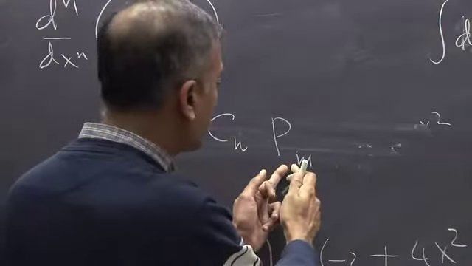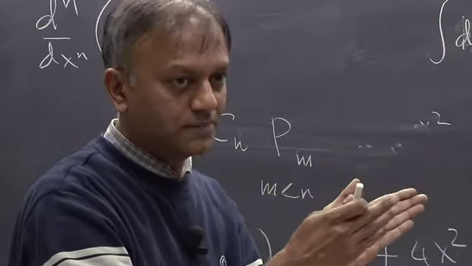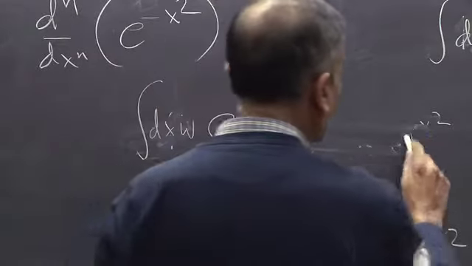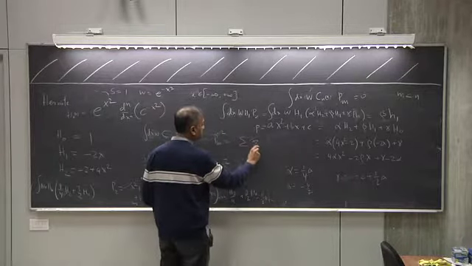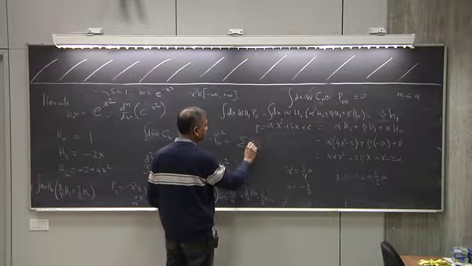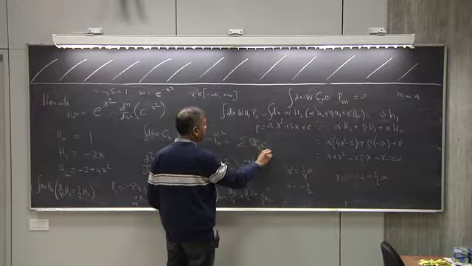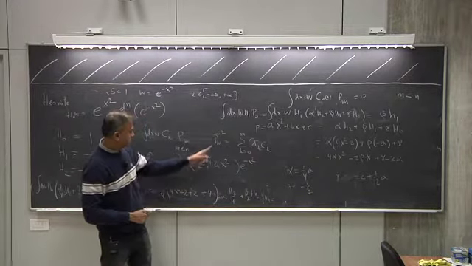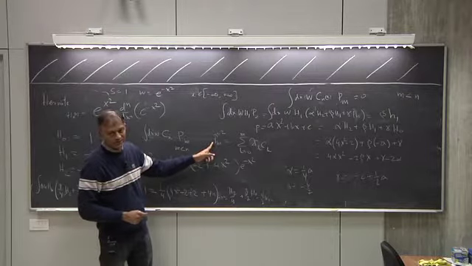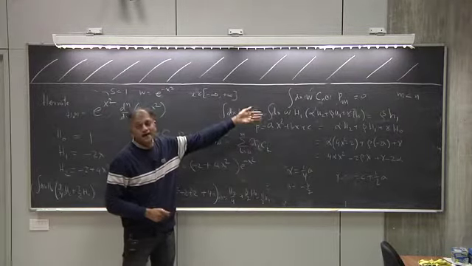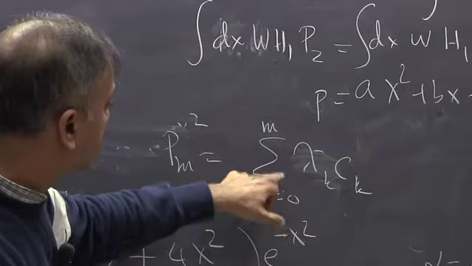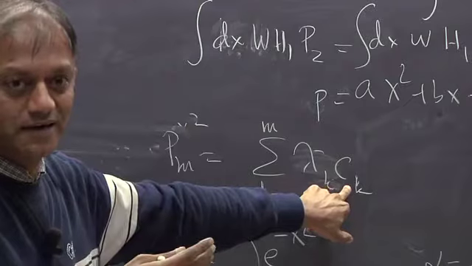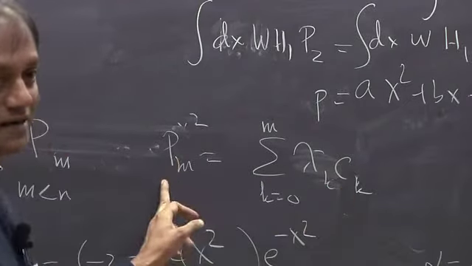Because this polynomial, which has maximum power x to the m, I can always write as a linear combination of Ck with some coefficients lambda k, where k goes from 0 up to m, because here the maximum power is x to the m. So you will not get things which have higher powers. If you consider k greater than m, that will involve x to the m plus 1 and so on, but the left hand side doesn't contain that.